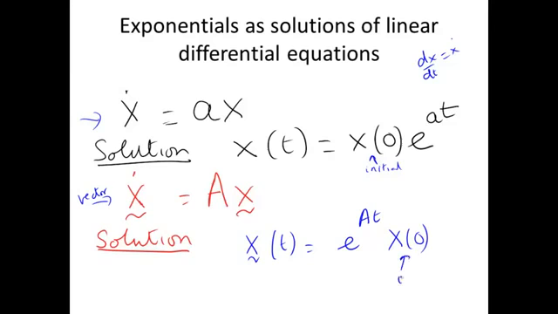This is just the initial condition, and this is of course a vector, and e to the at is my matrix exponential. So this is all very nice because scalar linear differential equations give rise to an exponential. You have vector differential equations, and now you get a matrix exponential.